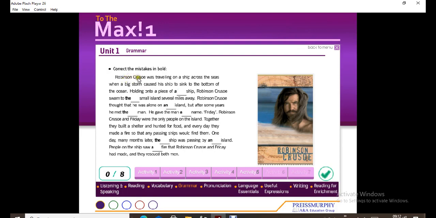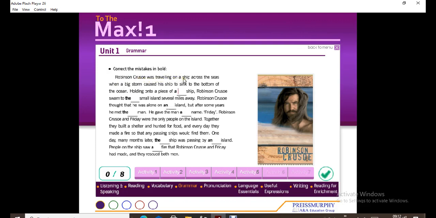Robinson Crusoe, he is a traveler, was traveling on a ship across the seas when a big storm caused his ship to sink to the bottom of the ocean. Let me go back. Robinson Crusoe was traveling on a ship.